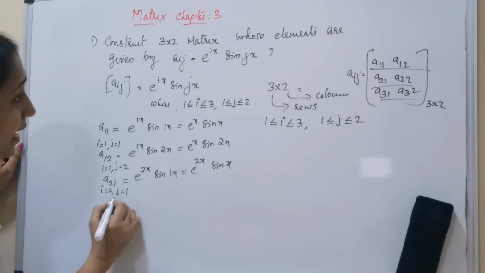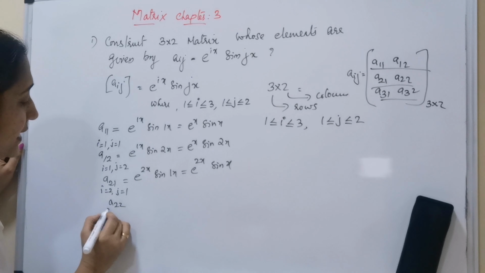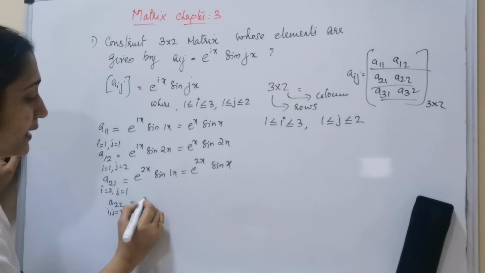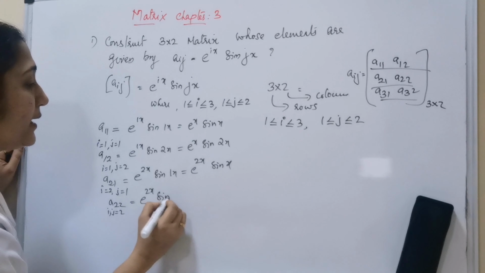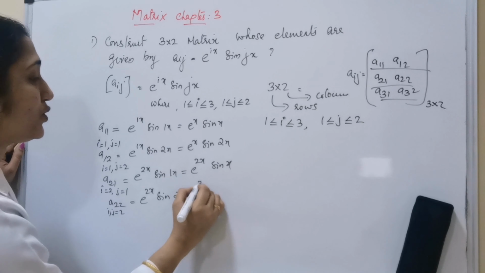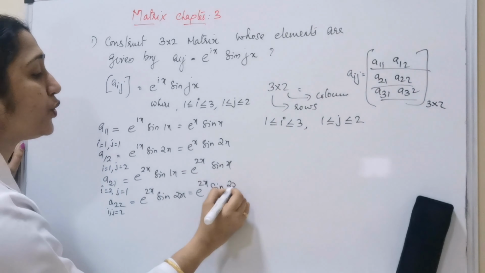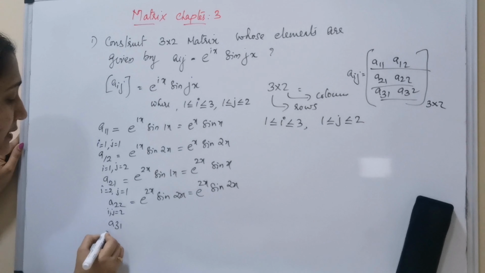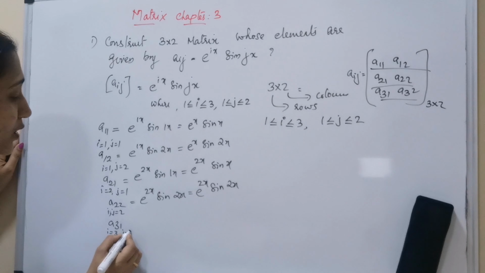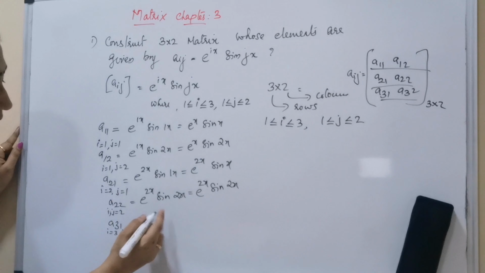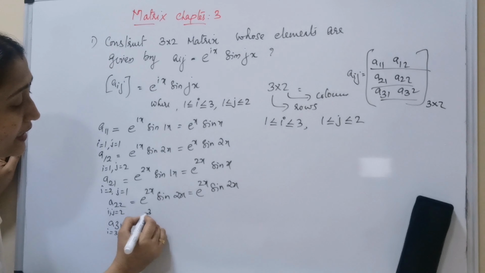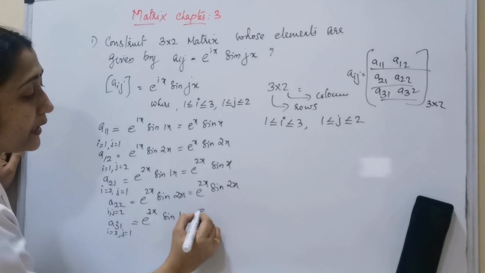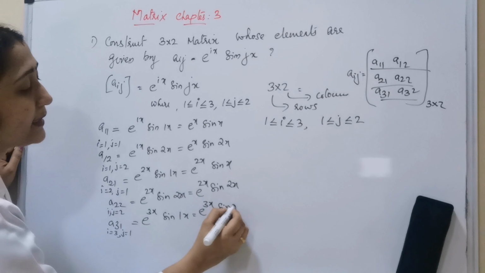Next, moving on to A22, where i is equal to 2 and j is equal to 2. That is e raised to 2x sin 2x, which is equal to e raised to 2x sin 2x. In the same way, next we have to find A31, where i is equal to 3 and j is equal to 1: e raised to 3x sin 1x, that is equal to e raised to 3x sin x.